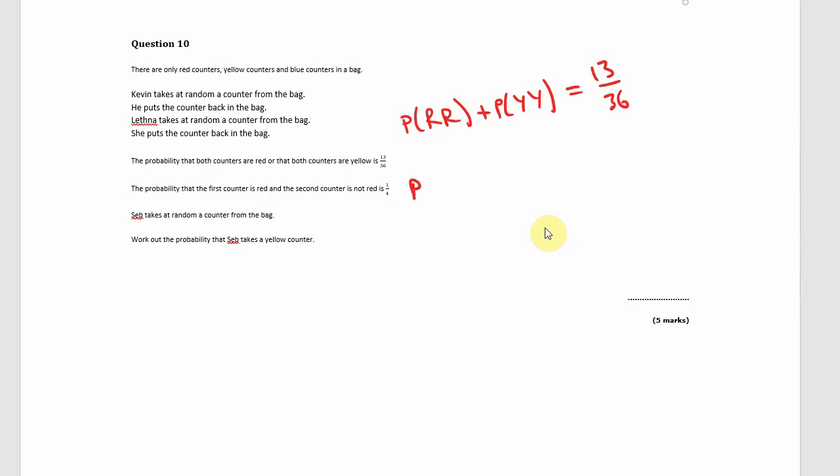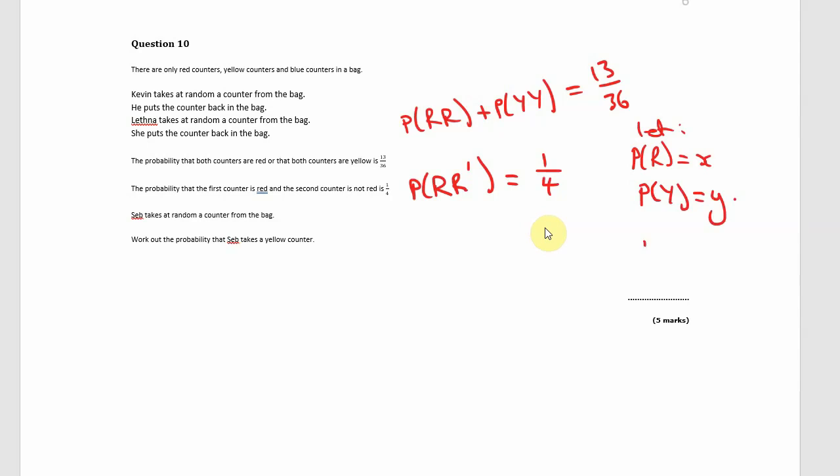And the probability that the first counter is red and then the second counter is not red equals a quarter. I'm going to model this a little bit, and I'm going to say, let the probability of red equal x and the probability of yellow equal y.